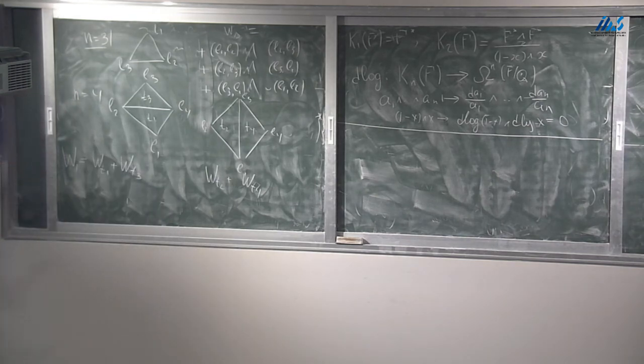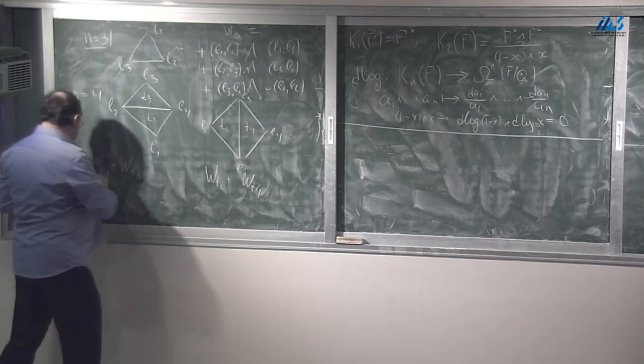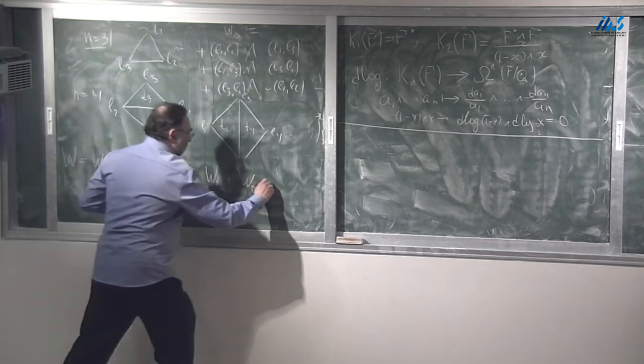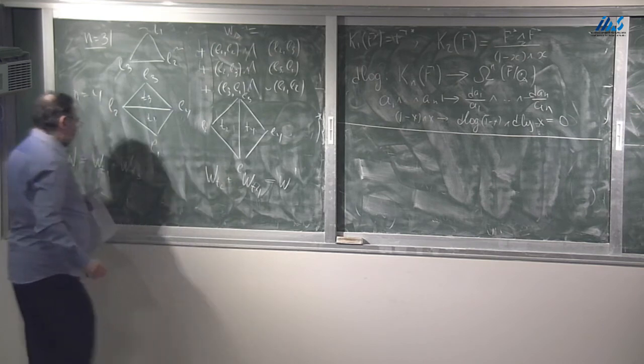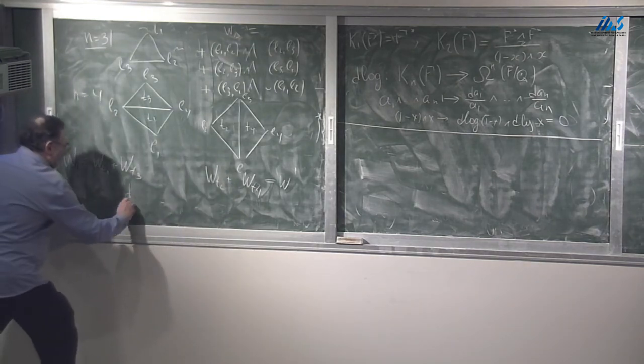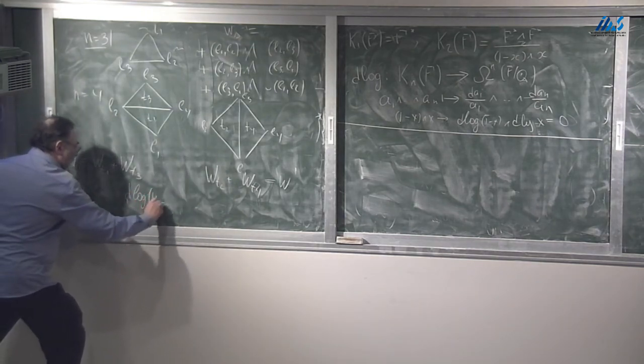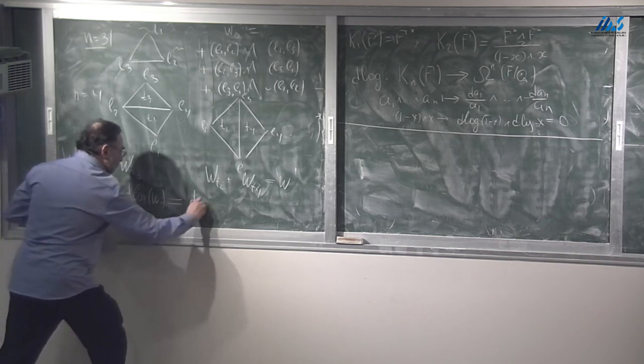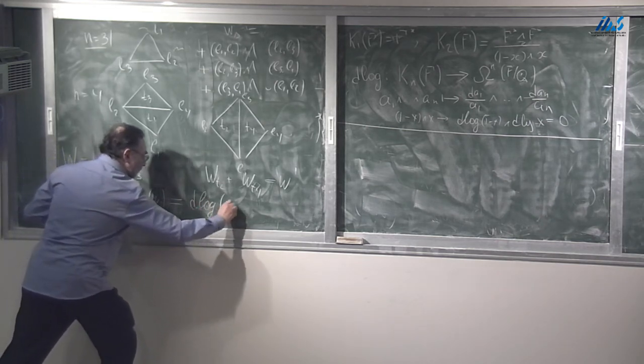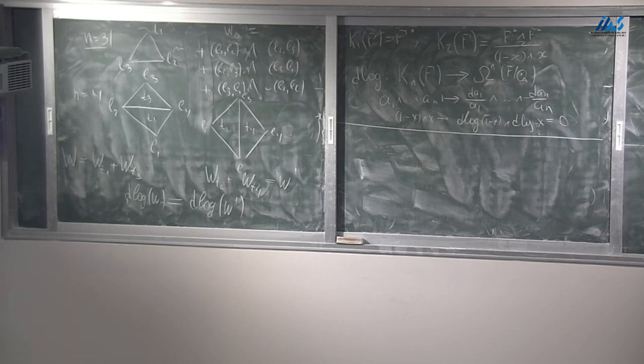So both elements lie in the wedge square of the ring of functions, but they're different, unfortunately. Let me call this W, and this W prime. However, if you consider d log of W, this is the same. Turns out this needs to be proved as an exercise. This is the same thing as d log of W prime.